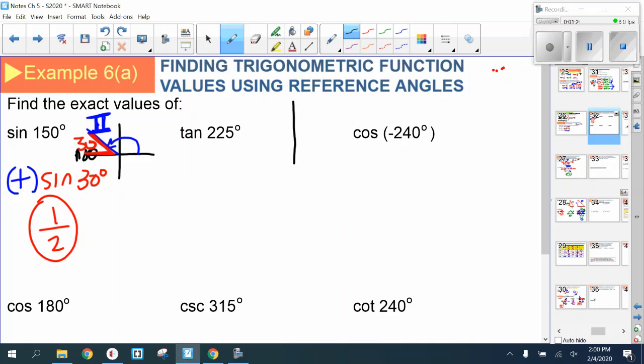Okay? 225, I would try to imagine where that is. So we've got 180 is right here, and 270 is downstairs. So if I'm looking at 225, I know that puts me in the third quadrant. The reason that's important is because, remember, all students take calculus. I know tangent is positive in that third quadrant. So I look for a reference angle.